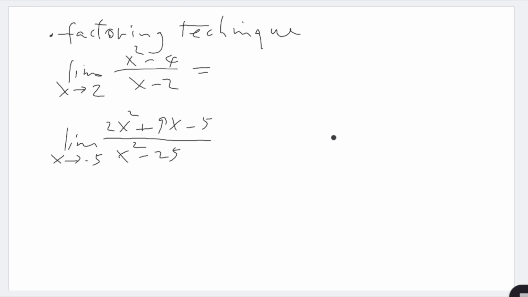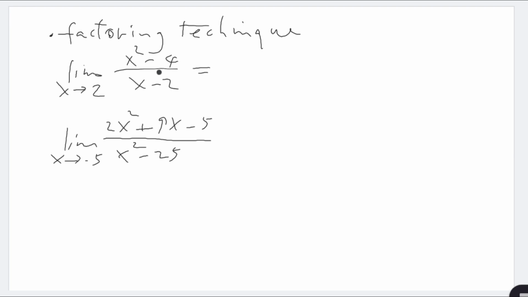Here, for example, in this limit, I have the function x squared minus 4 divided by x minus 2. When x approaches 2, this time though, we cannot plug in 2 for x because the denominator becomes 0. Sometimes if we cannot plug in directly, we can do the table method.